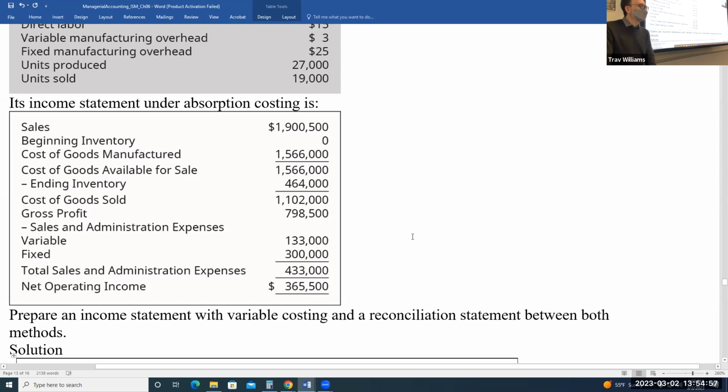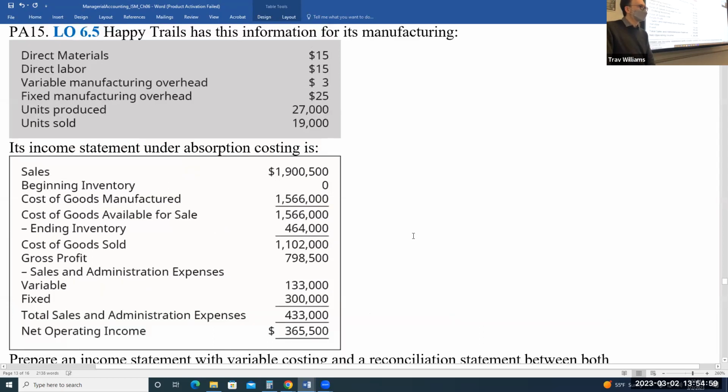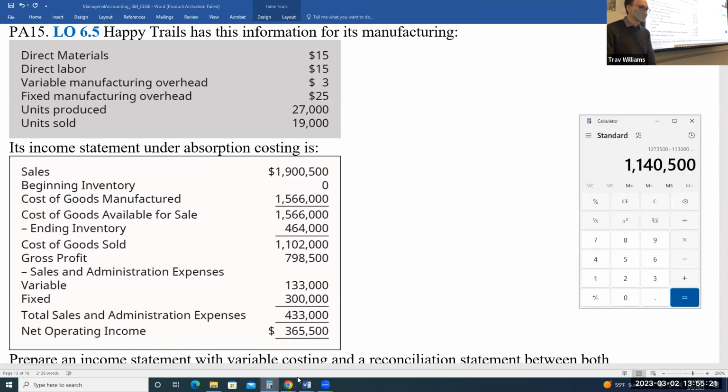So what would be our fixed manufacturing costs? The fixed manufacturing overhead per unit times how many units we make. Exactly. The fixed manufacturing overhead per unit of $25 times the 27,000 units we made would be our fixed manufacturing overhead cost.